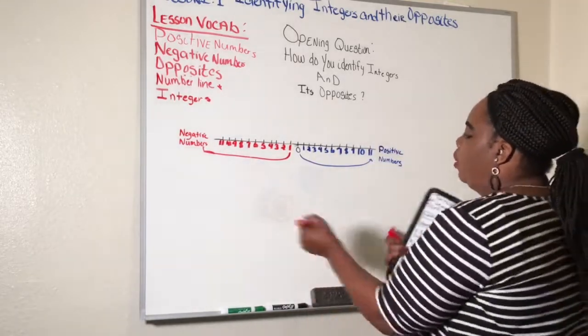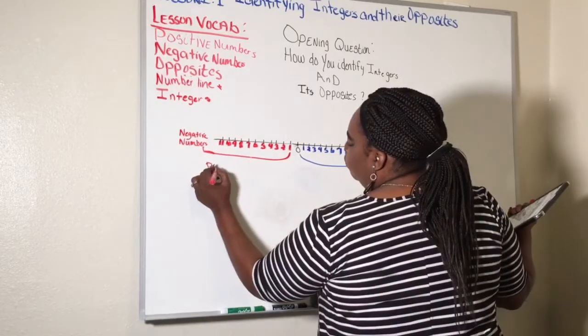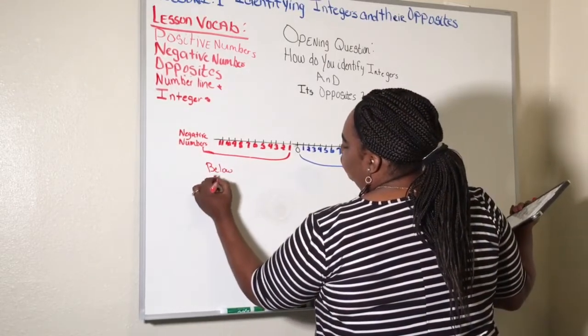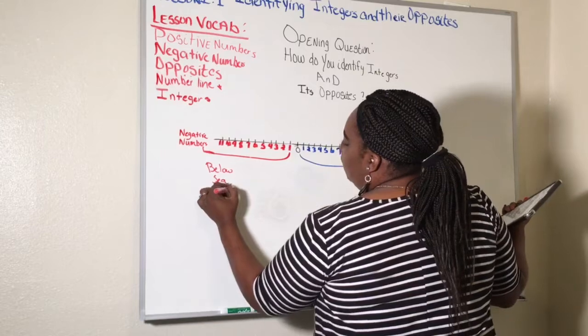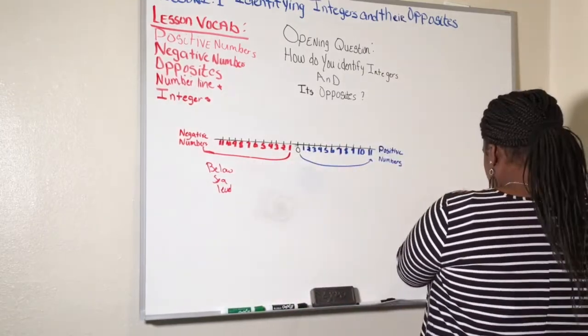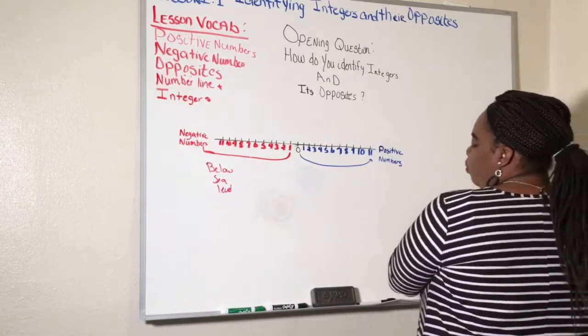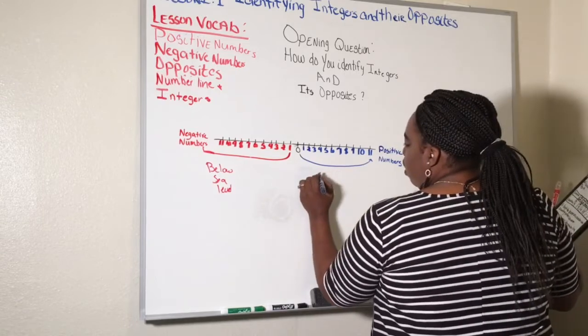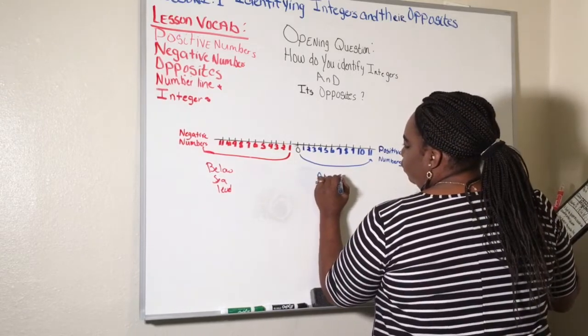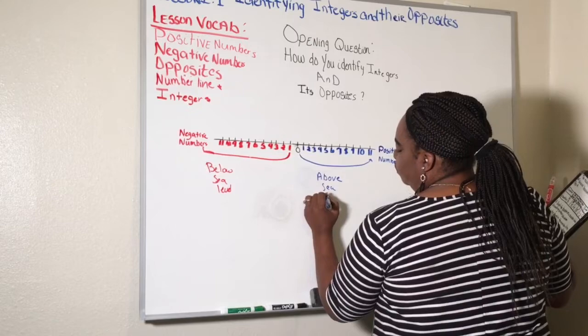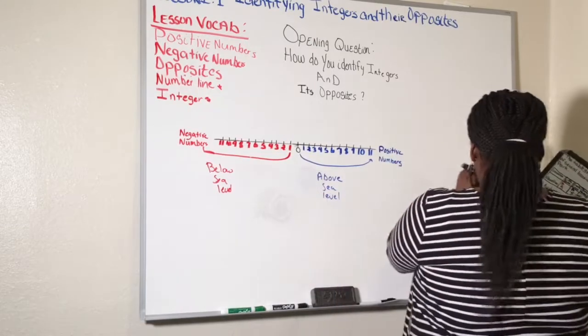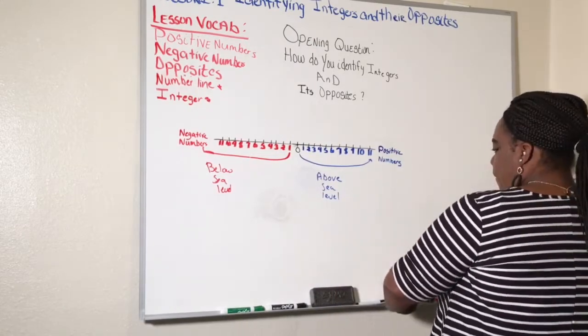Our red will be below sea level because it is negative. Our blue would be above sea level because it is positive. Okay?